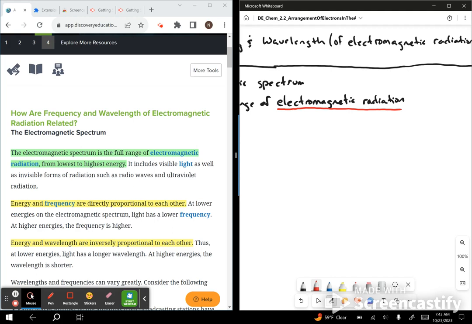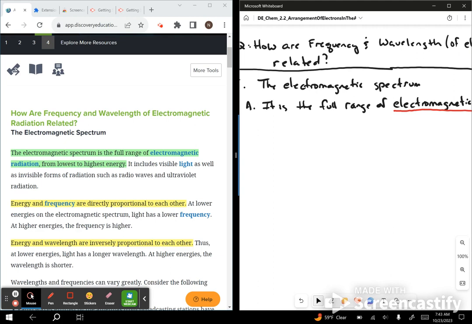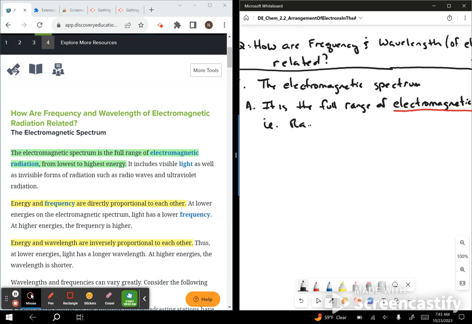If we want to get over here to examples, i.e., radio, TV, visible light, infrared, ultraviolet, X-ray, gamma ray.